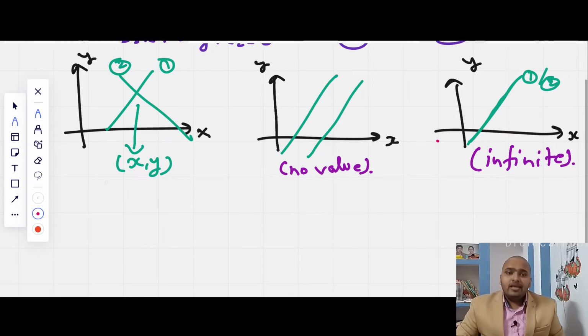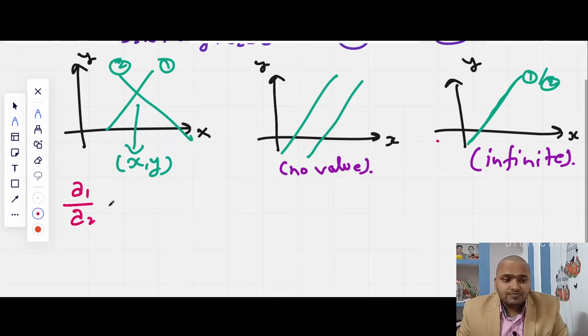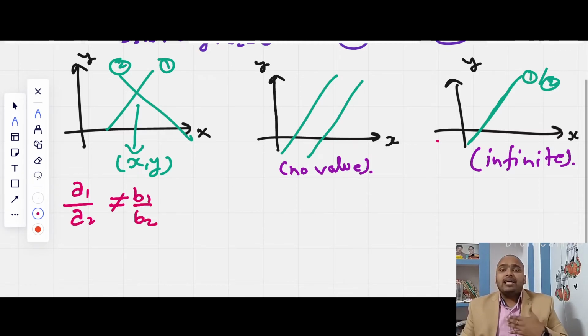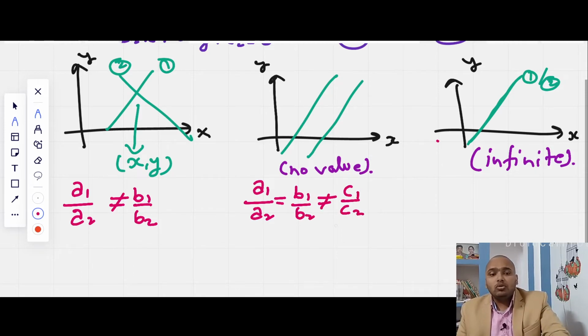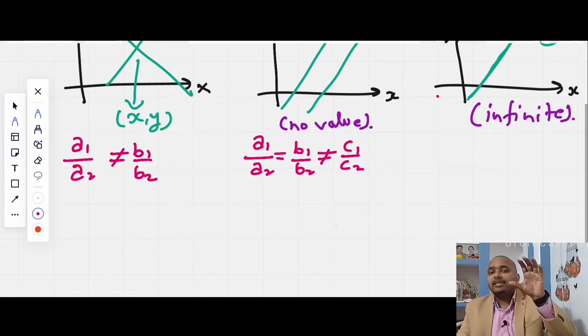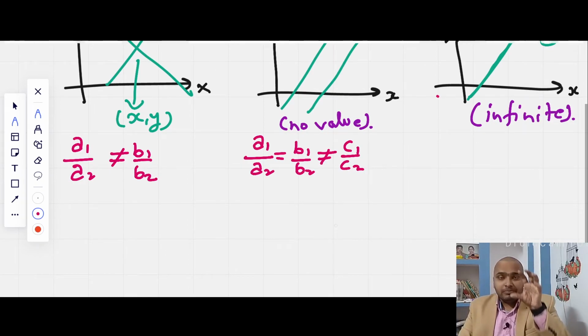If a1 by a2 is not equal to b1 by b2, then only can we say that the given two lines intersect at a single point. For the parallel case, if a1 by a2 equals b1 by b2 is not equal to c1 by c2, then we can say the given two lines are parallel to each other.